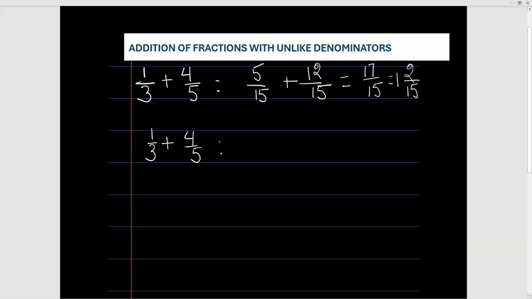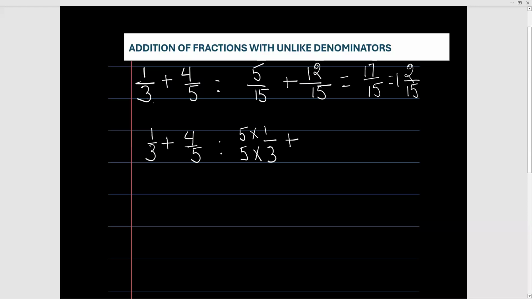And then we're going to get the denominator of the second fraction and multiply that to both parts of the second fraction. So let's go. We're going to get 5 times 1. And again here 5 times 3.